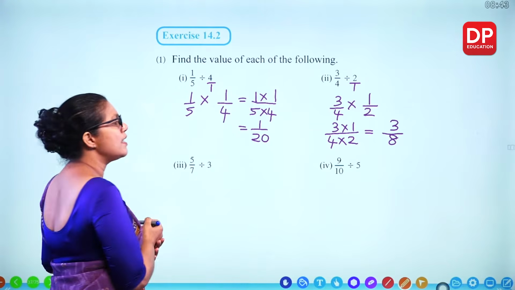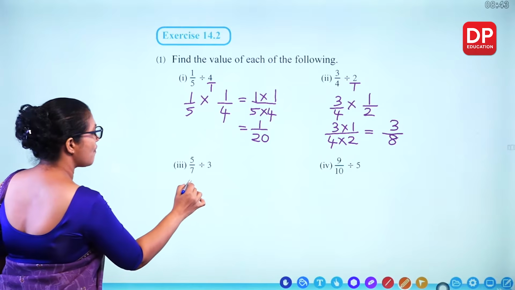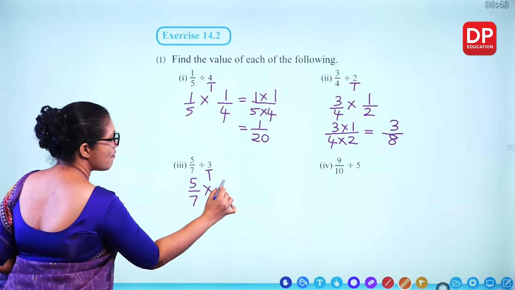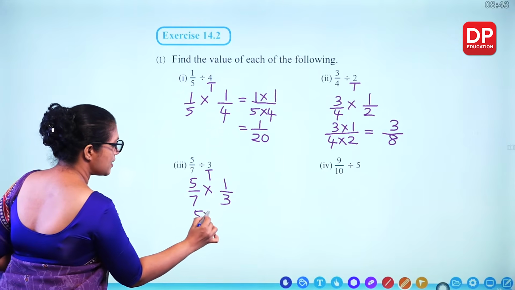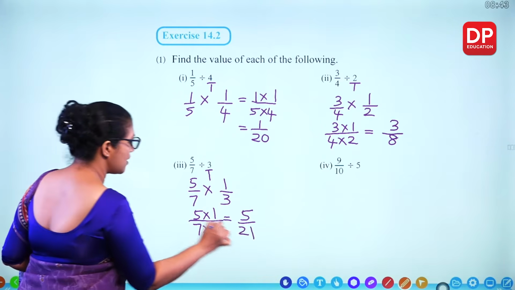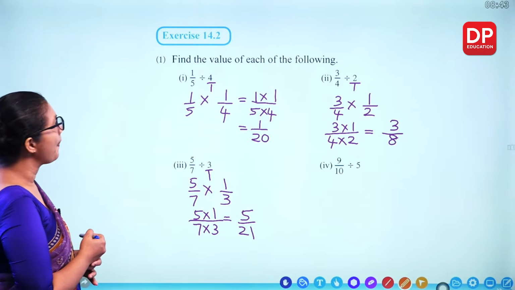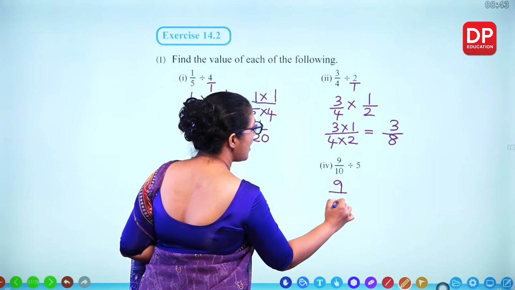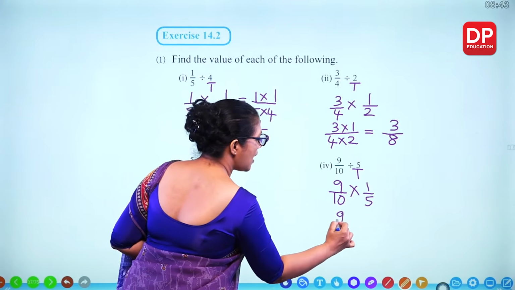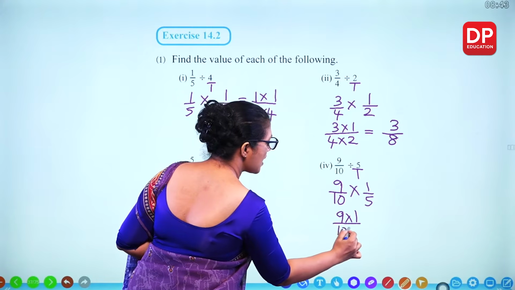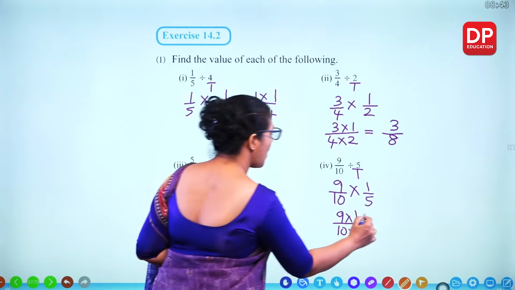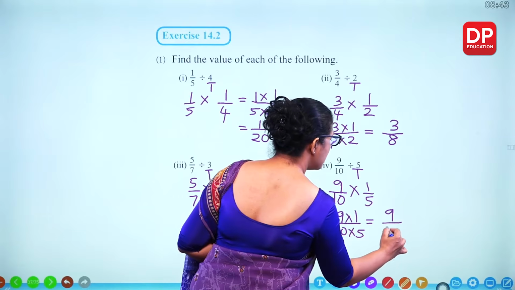You get 3/8. 5/7 multiply by the reciprocal of 3/1. That's 1/3. Multiply the numerator separately and the denominator separately. You get 5/21. This one, 9/10 multiply by its reciprocal, 1/5. 9 times 1 over 10 times 5. Then you can't simplify, so that means 9/50.